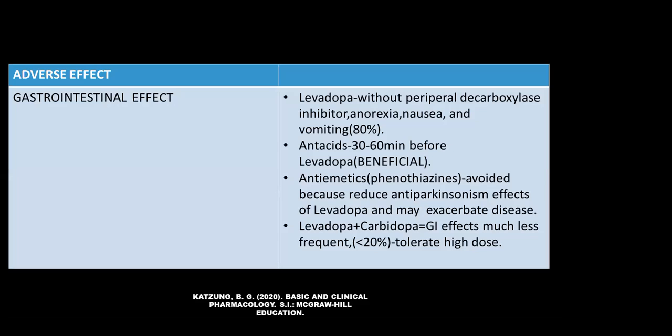First is the gastrointestinal effect. If levodopa is given without a peripheral decarboxylase inhibitor, anorexia, nausea, and vomiting can be seen in about 80% of patients. Antacids taken 30 to 60 minutes before levodopa may be beneficial.